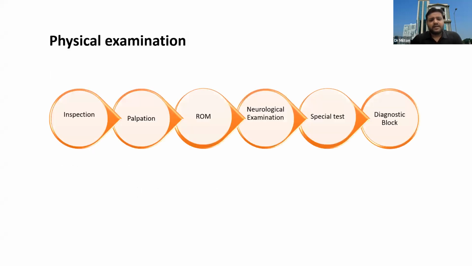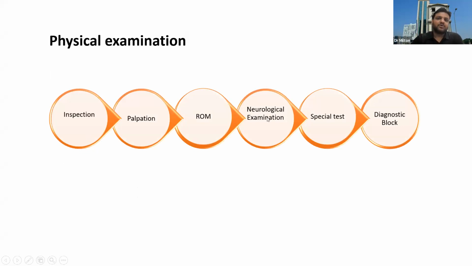So here, for the physical examination, most of the time we don't do all of the things, but we need to do everything: the inspection, palpation, range of movement, neurological examination.